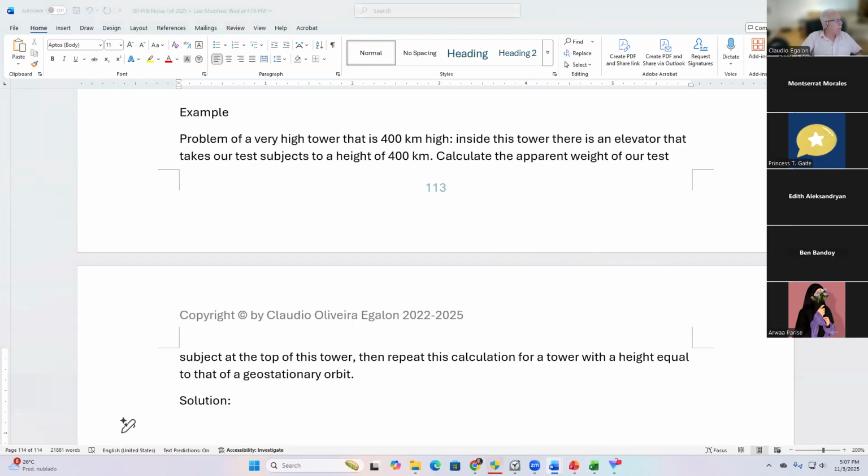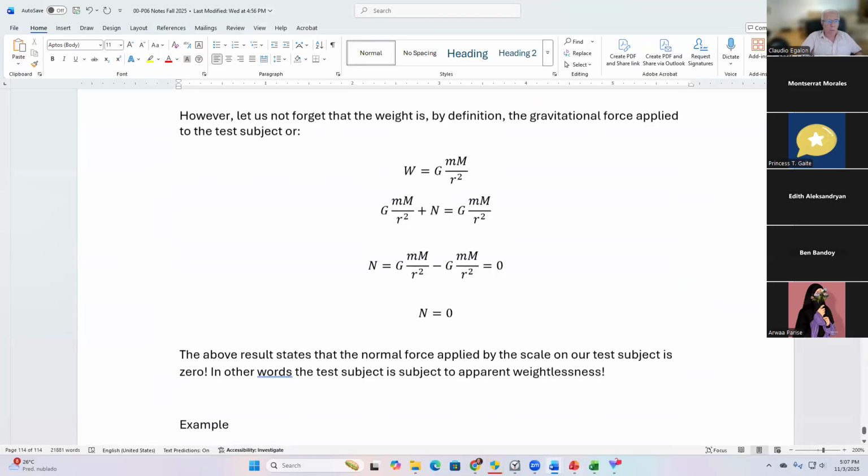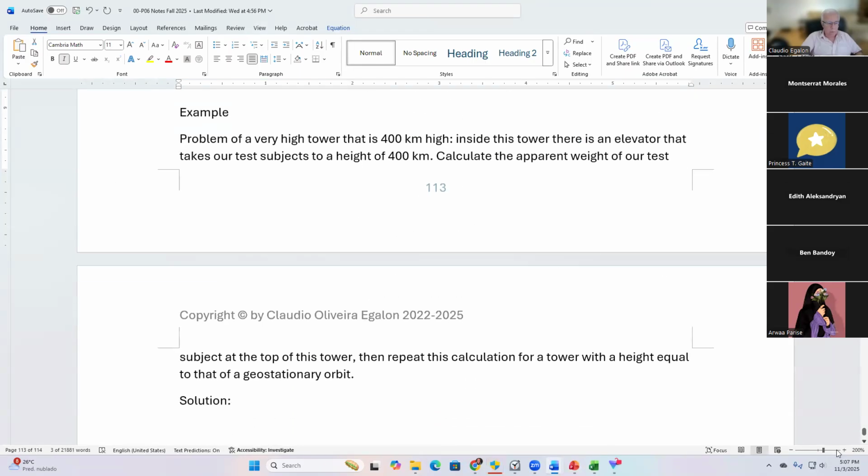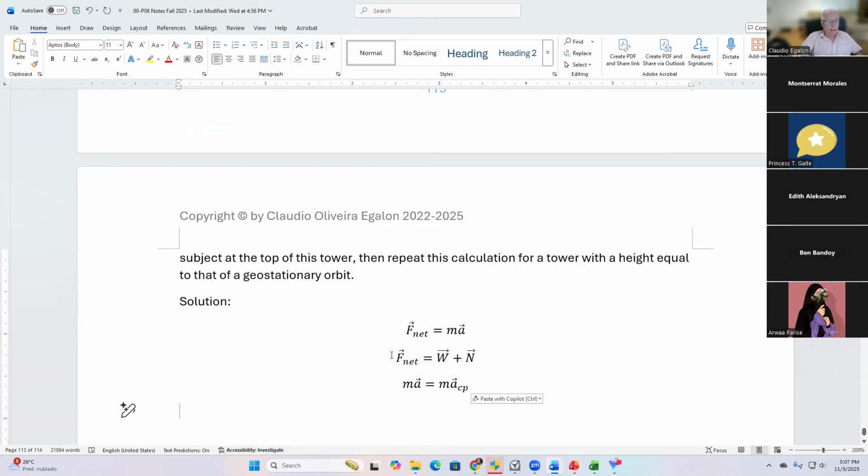Okay, we do exactly what we did before. Net force. Let me just copy what I did there at the top. Here you go. Net force is mass times acceleration. Net force is going to be the weight plus the normal. It's going to be along the radial direction. Mass times acceleration in this case is going to be the centripetal acceleration.